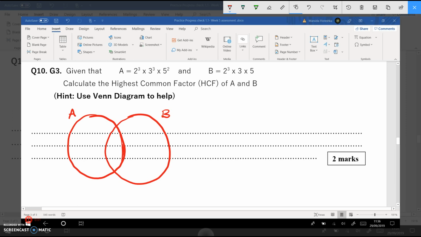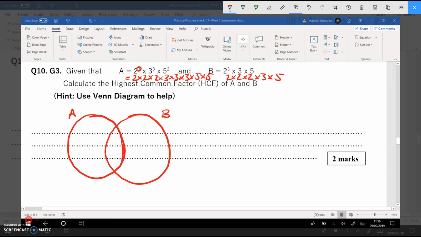Since this is written in the index form, I can write this as 2 times 2 times 2, because there are 3 of them, times 3 times 3 times 3, times 5 times 5. And I can rewrite B as 2 times 2 times 2 times 3 times 5. It means the same thing.